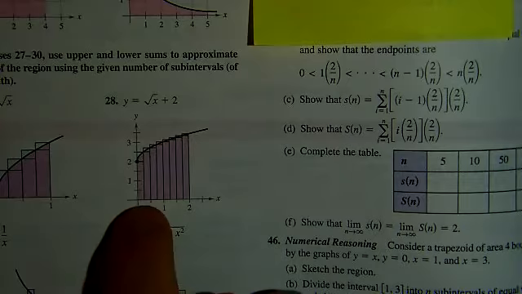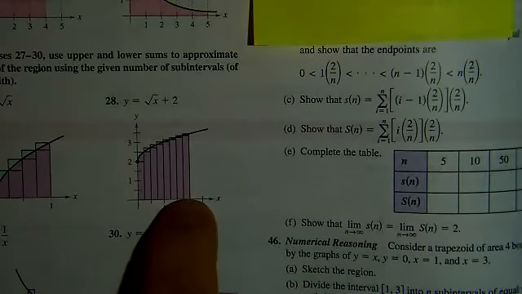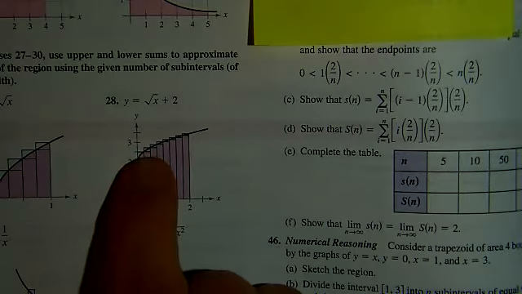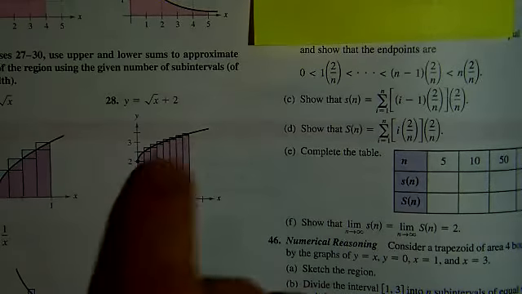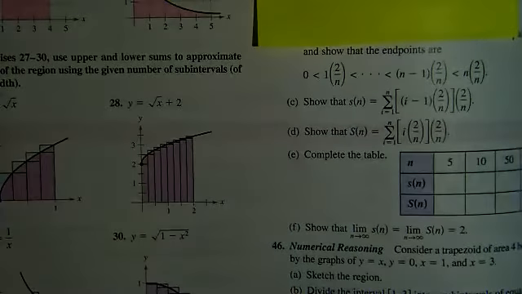In each case there are 8 rectangles, and the width of each is the entire distance, 2, divided by the number of rectangles, 8. So each rectangle has a width of 1/4 at the bottom. The height of the rectangle is determined by the function value, depending on whether it's a right or left endpoint.